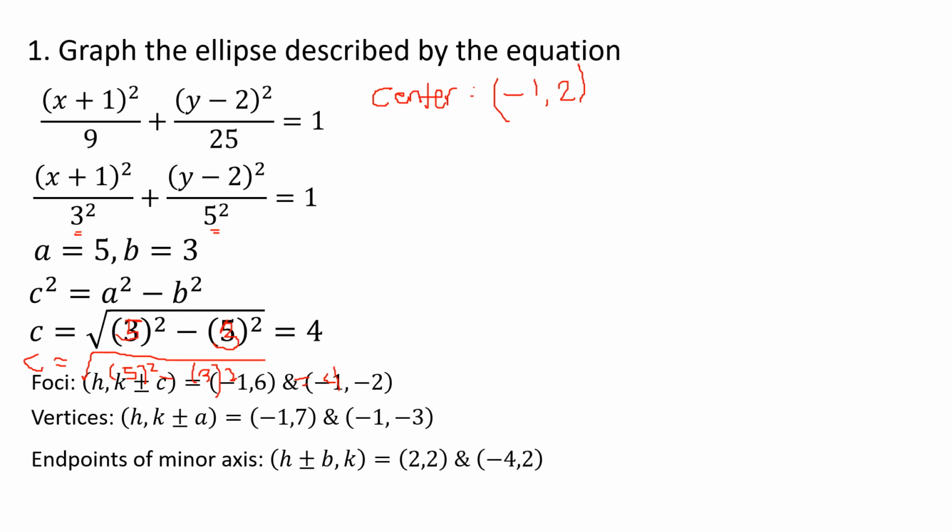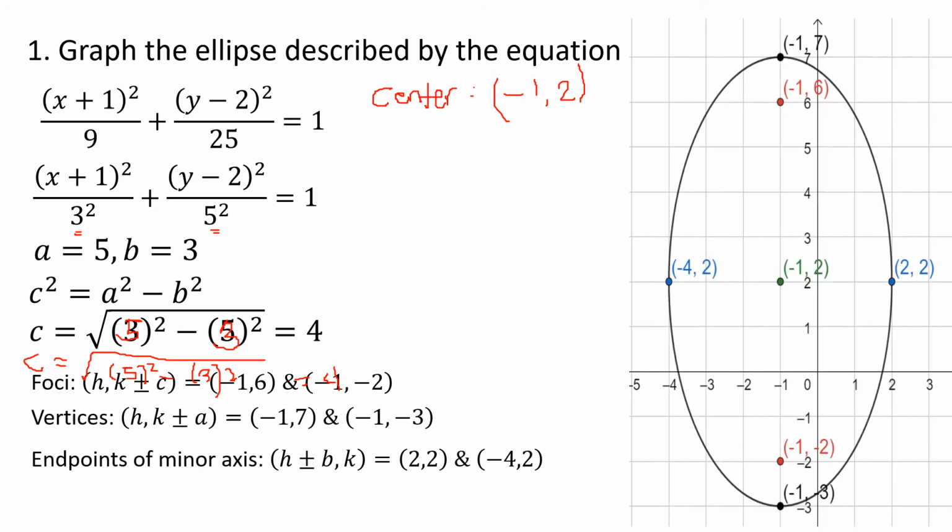So we have here 2, 2, and h, -1 minus our b, which is 3. So -1 minus 3, that is -4, and then you copy k, which is 2. So the endpoints are the points 2, 2 and -4, 2.